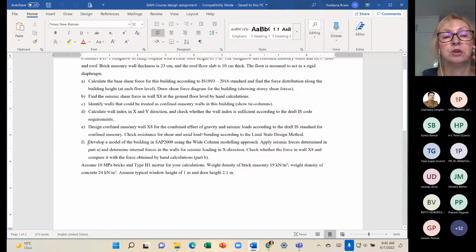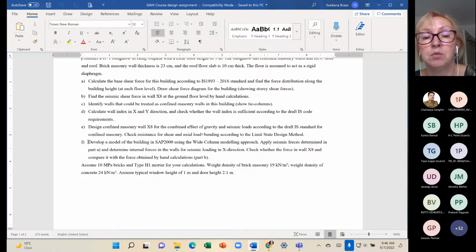And last but not least, I know you are all interested in doing the modeling in SAP 2000. You are also asked to develop a model of the building in SAP 2000 using the wide column modeling approach, which we will study tomorrow. Tomorrow we will also go through the use of SAP 2000.